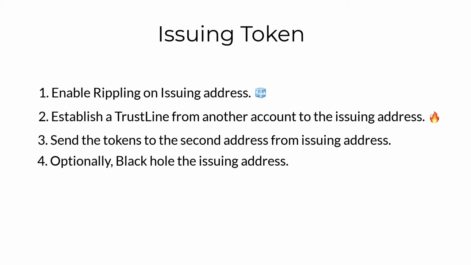And if the issuing address has been black holed, that is, no one has control over this issuing address, that means the trust line can't be frozen. So that brings some more sense of security to the customers. And the main thing being the issuer will not be issuing more of those tokens which the customer is holding. That's the main intention of black holing the issuer account.